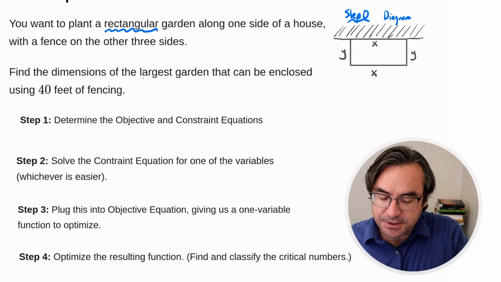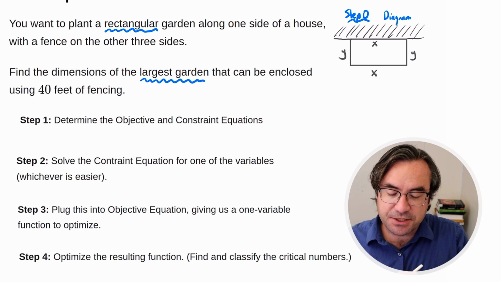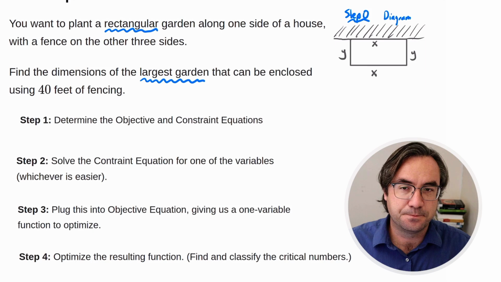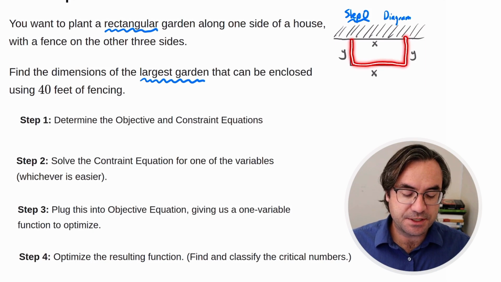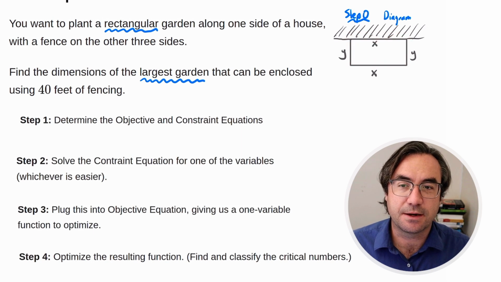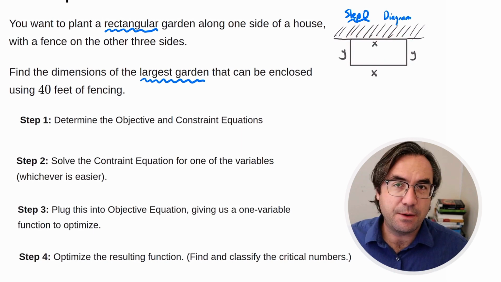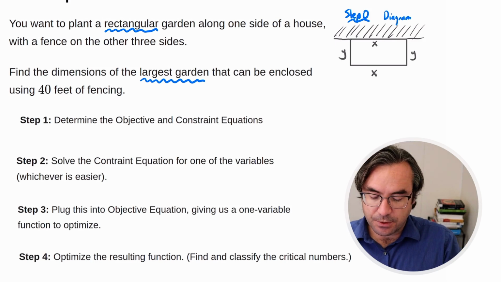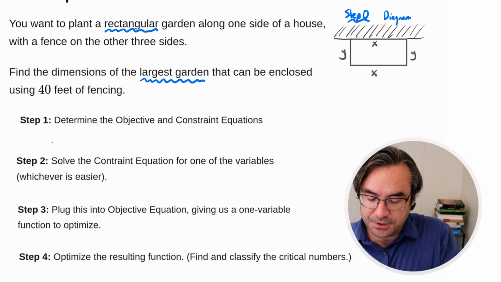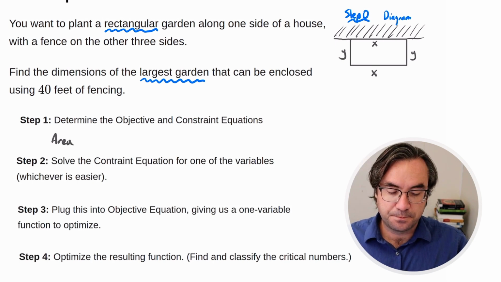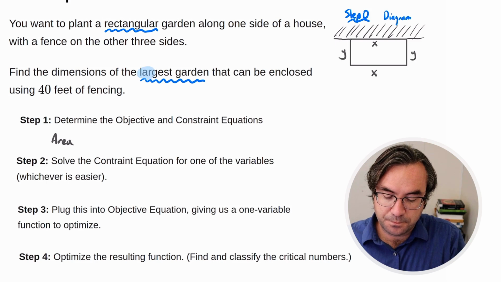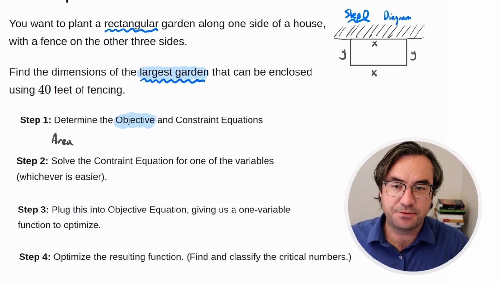And here it says we want the largest size for our garden. So the question is, how do we measure the size of a rectangle? We do that with area. So our objective is going to be area. Our largest garden, that's going to be our objective.